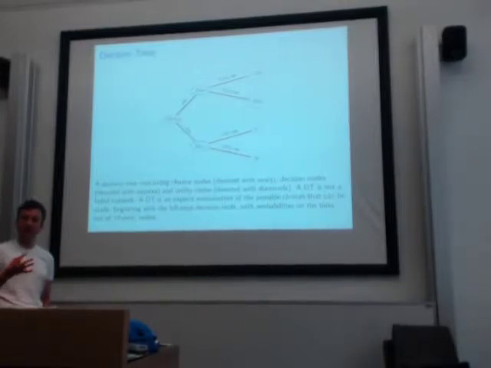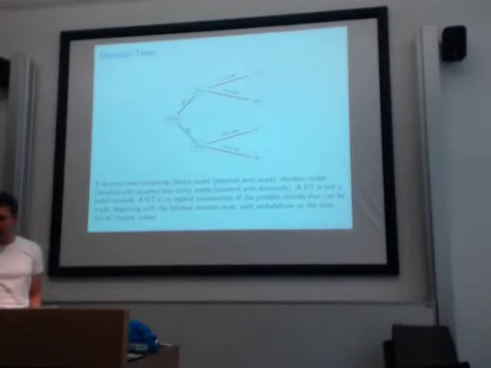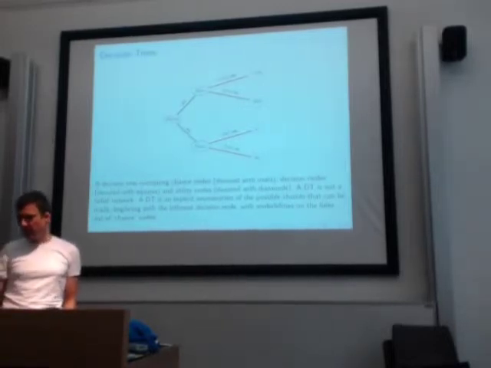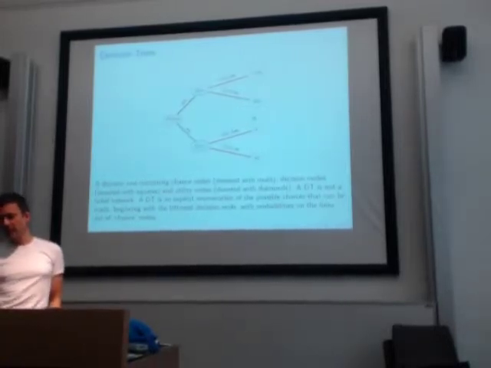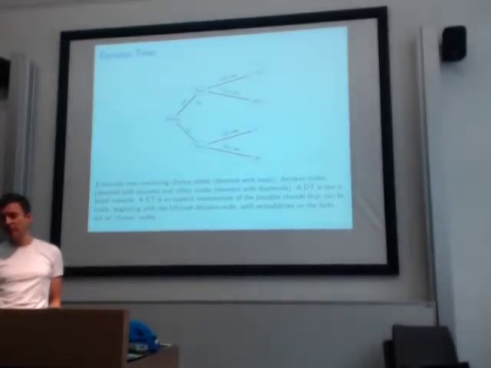How do I map this back to the calculation before? Well, let me just tell you what these things are called first. So these square variables are called decision variables. These oval variables here are called chance nodes or chance variables. So we've got decision and chance nodes in a decision tree, and we've got these corresponding utilities. So we'll typically write these utilities on the right as much as we can.